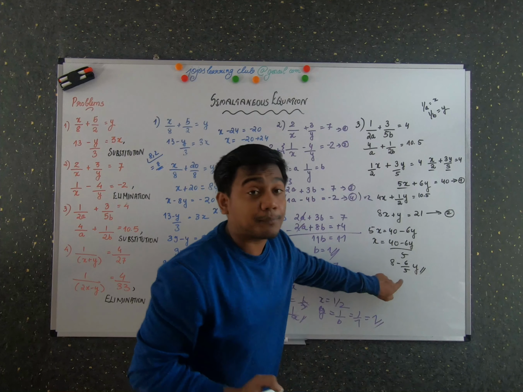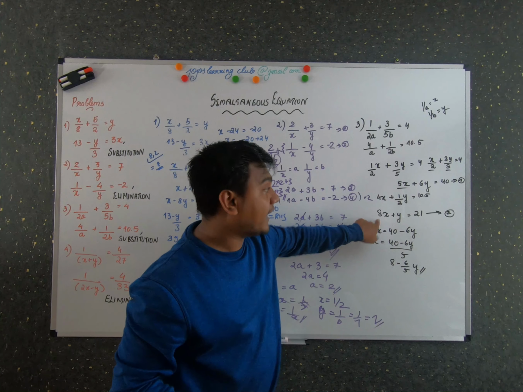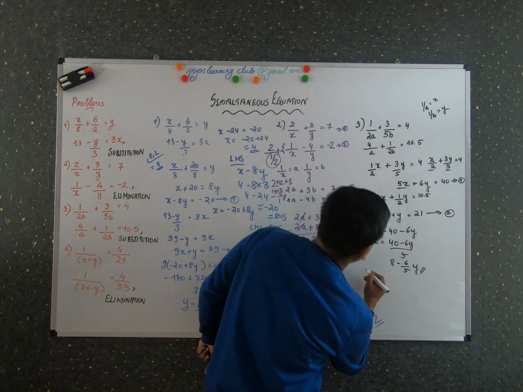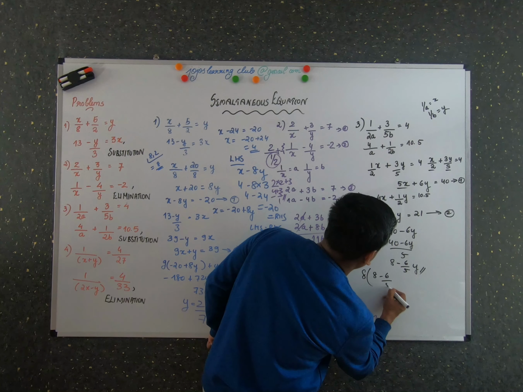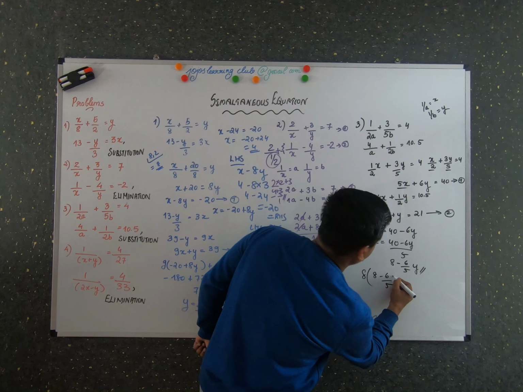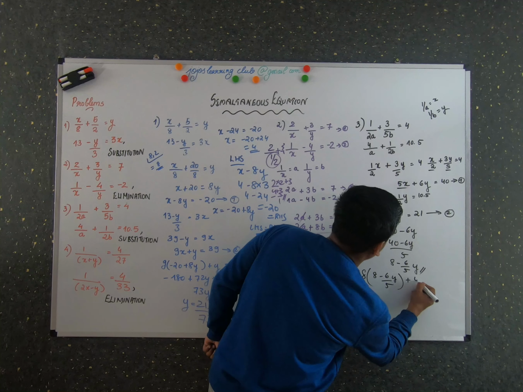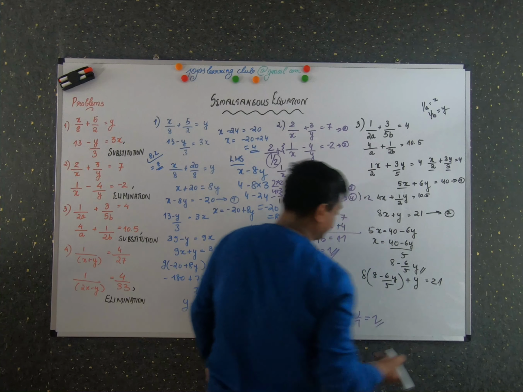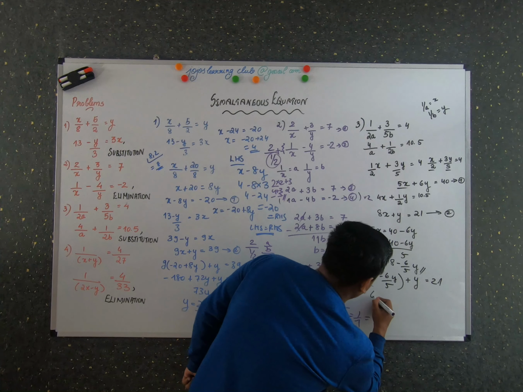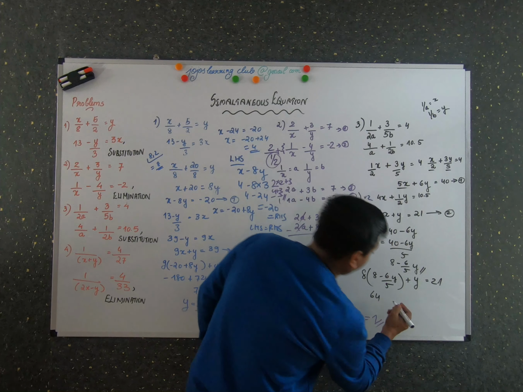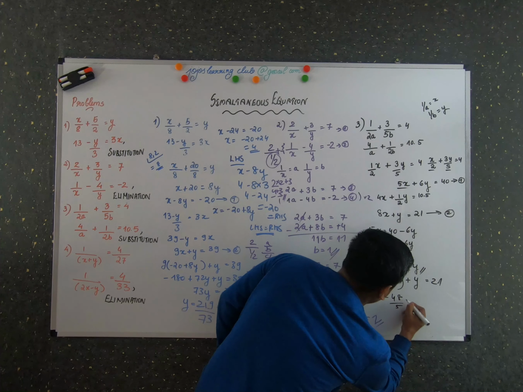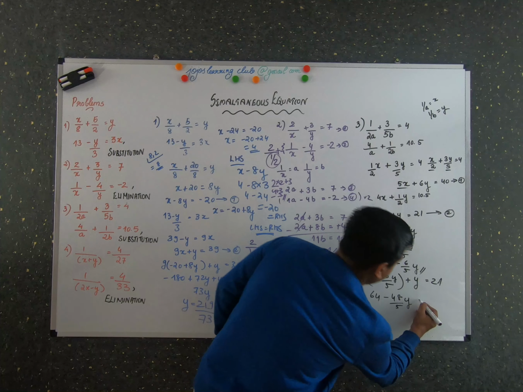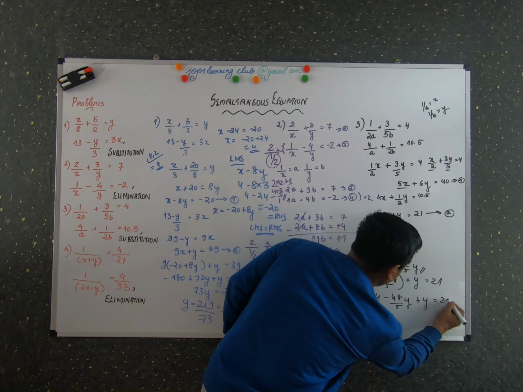Okay, and I'm going to substitute this value into my second equation. So what is it? 8x is equal to 8 into (8 minus 6 by 5 y) plus y is equal to 21. Okay, 8 into 8 is 64, minus 8 into 6 is 48, minus 48 by 5 y plus y is equal to 21.